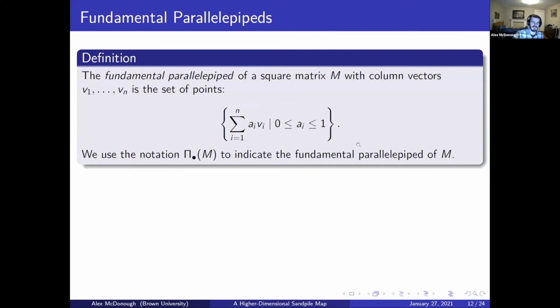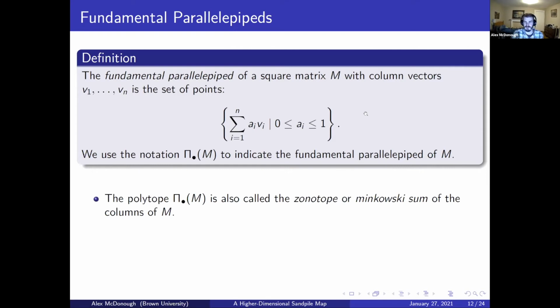So how did I do this? I'm going to use something called fundamental parallelepipeds. The way you get a fundamental parallelepiped is you start with a square matrix, take each column of that matrix, multiply it by anywhere from 0 to 1, and take all of the points that lie in that. This is the same as the Minkowski sum of the columns.